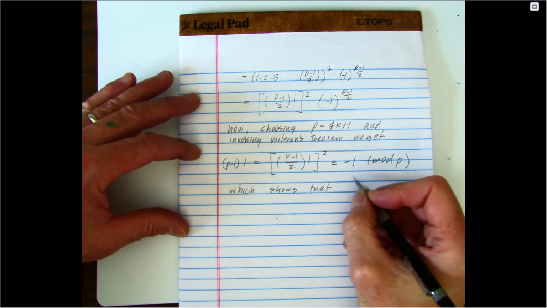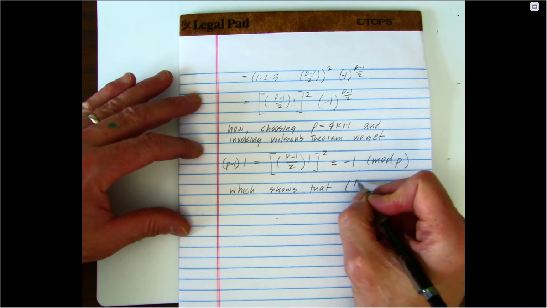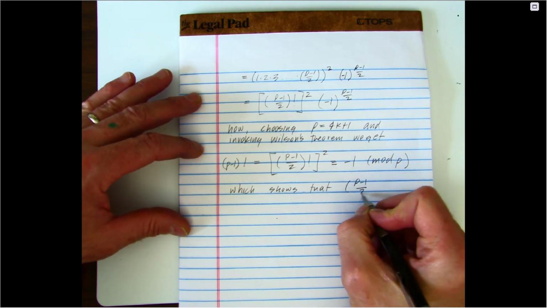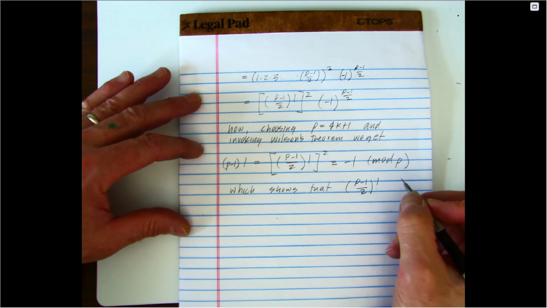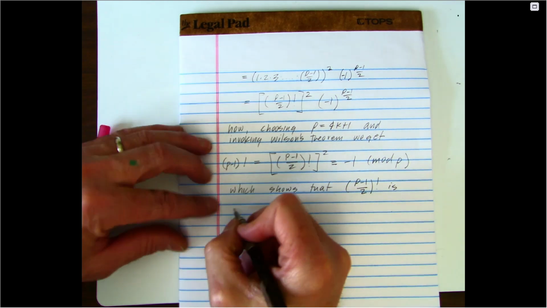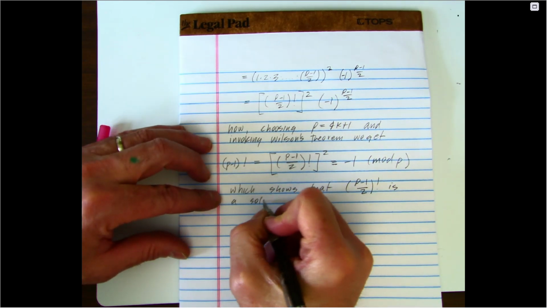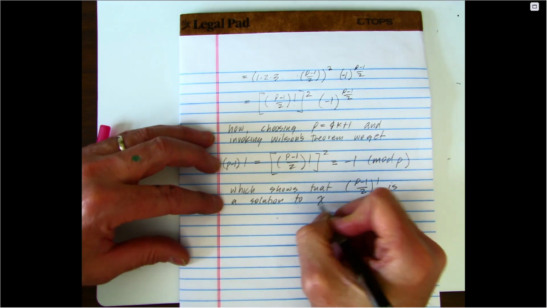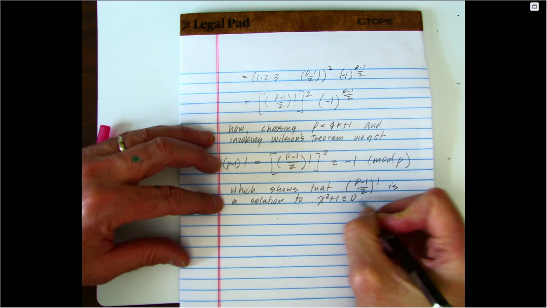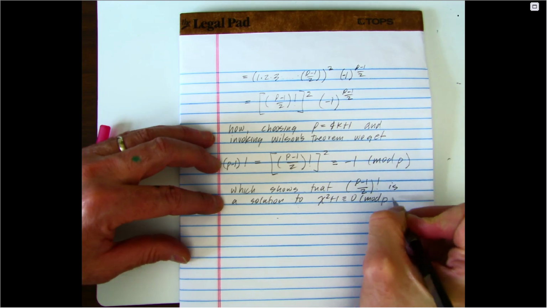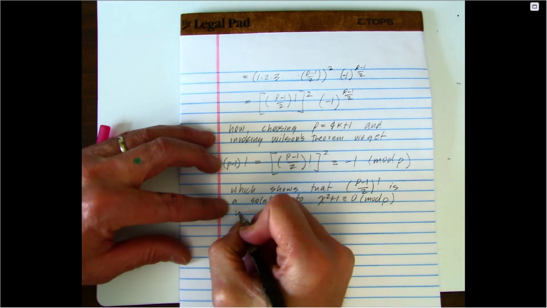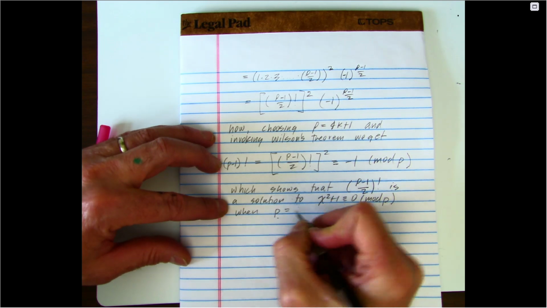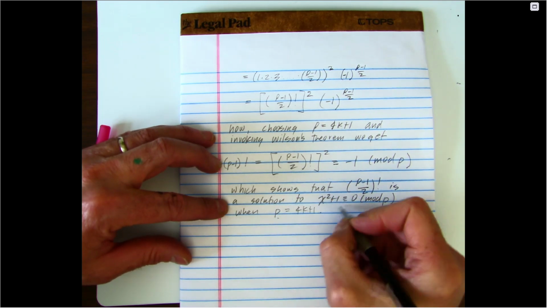What it shows is that p minus 1 over 2 quantity factorial is a solution to x squared plus 1 congruent to 0 mod p when p is chosen to be 4k plus 1 as desired.